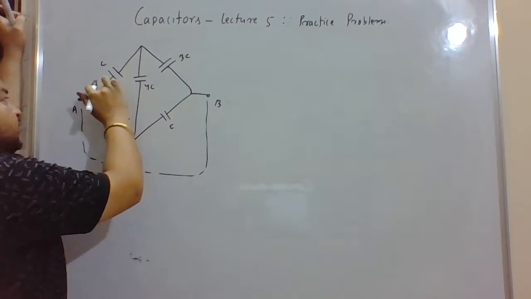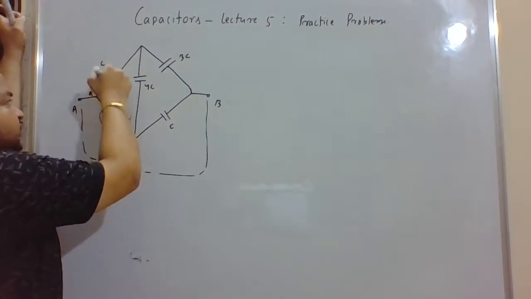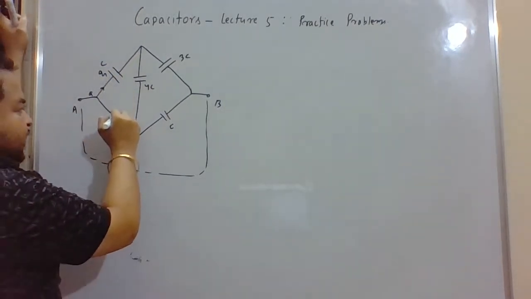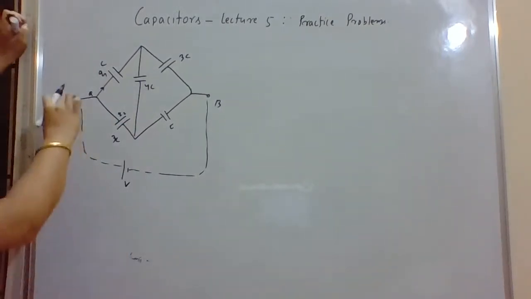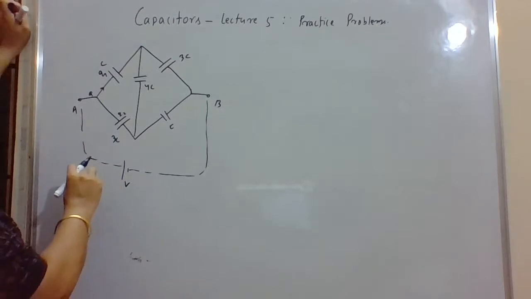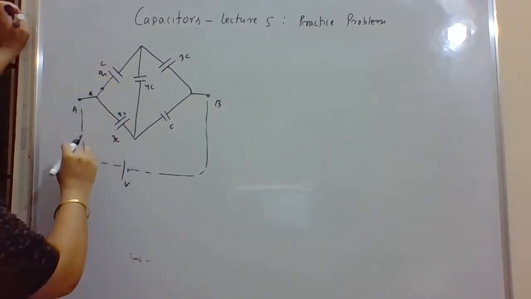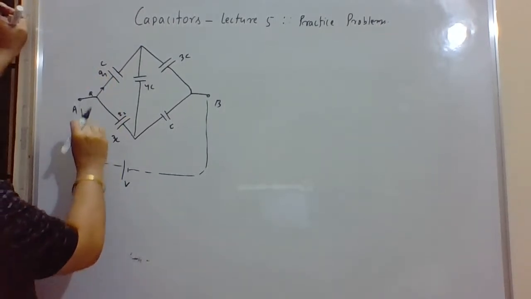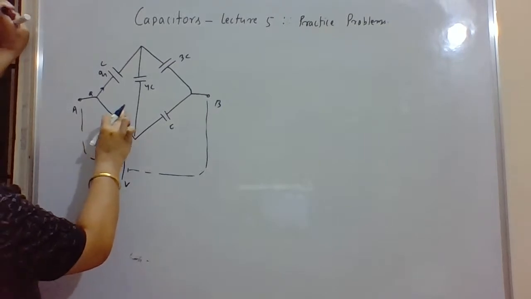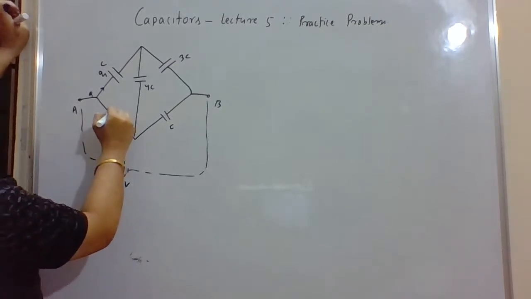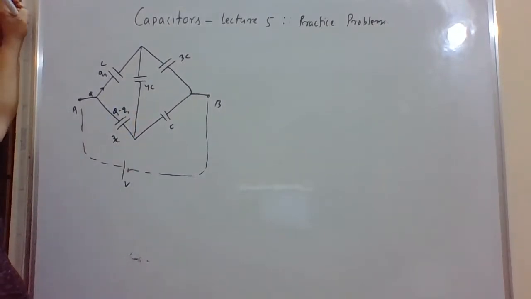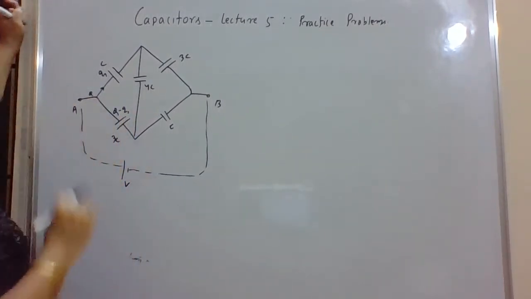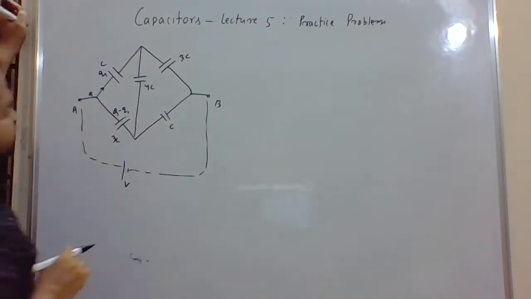Suppose charge positive Q1 appears on this plate, and positive Q2 appears on this plate. Or I can write, if this is Q1, then this one will be Q minus Q1. So Q minus Q1 charge will appear here.